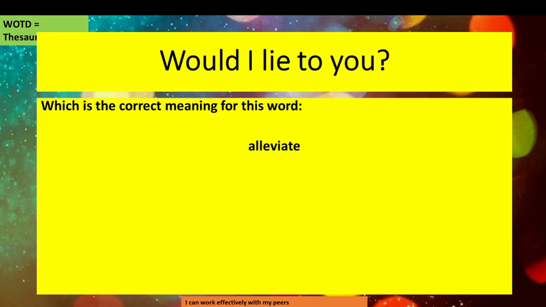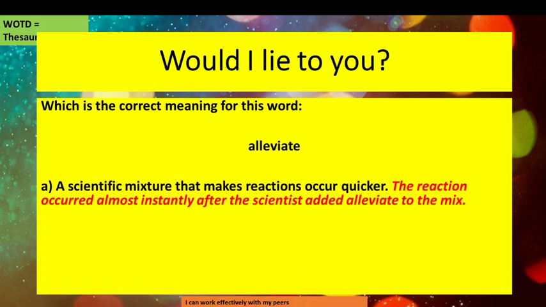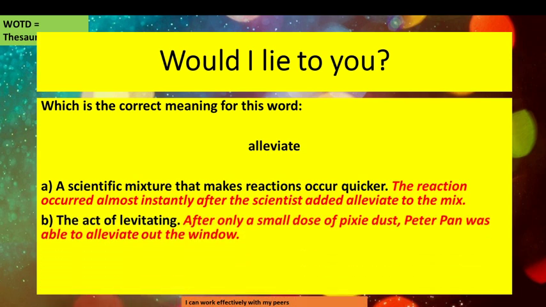The first possible definition we have for this word is a scientific mixture that makes reactions occur quicker. The example sentence is, the reaction occurred almost instantly after the scientist added alleviate to the mix. Our second possible definition is the act of levitating.